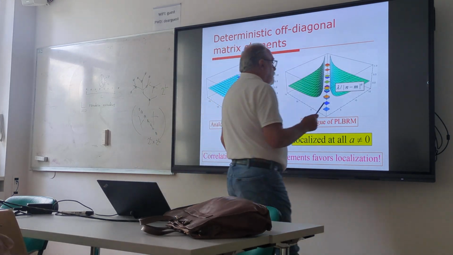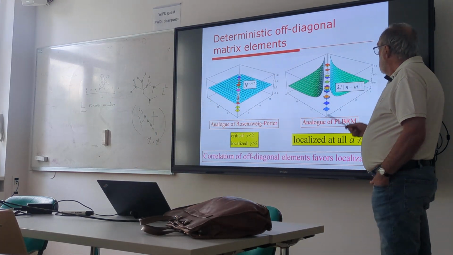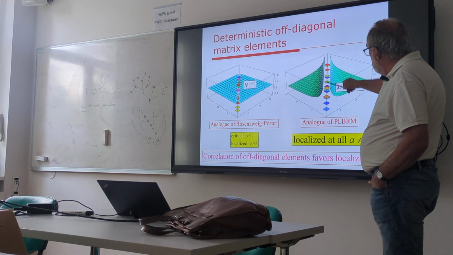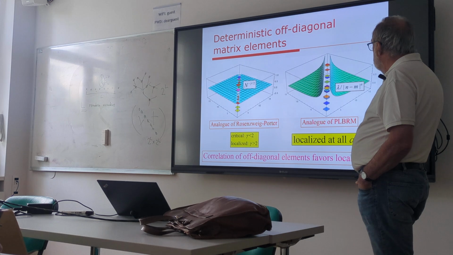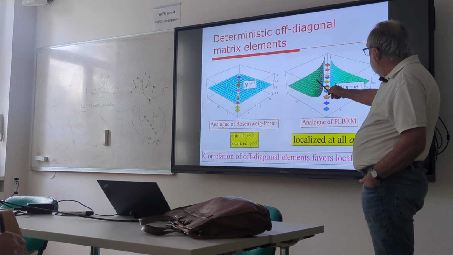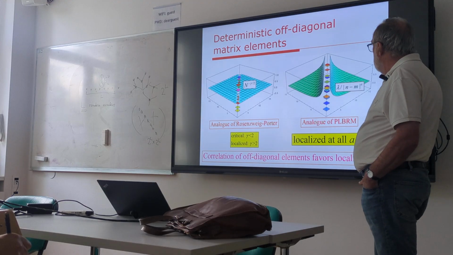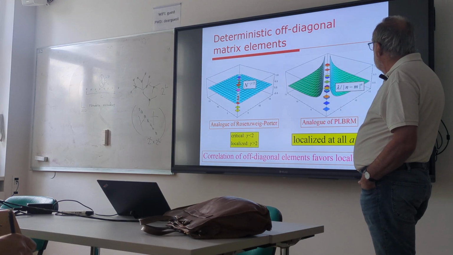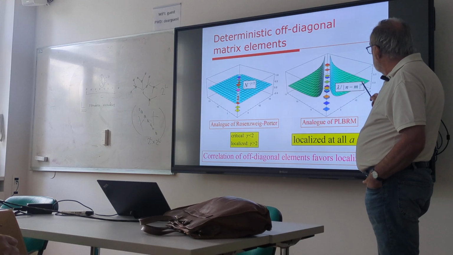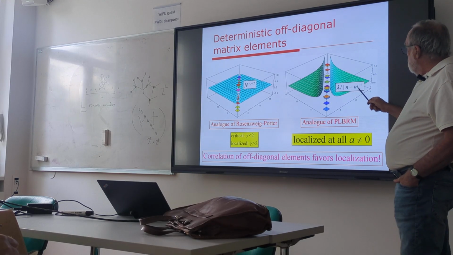Then I can do the same for power law matrices. So I have a diagonal disorder, but instead of independently fluctuating off-diagonal matrices, I take deterministic off-diagonal elements like this.